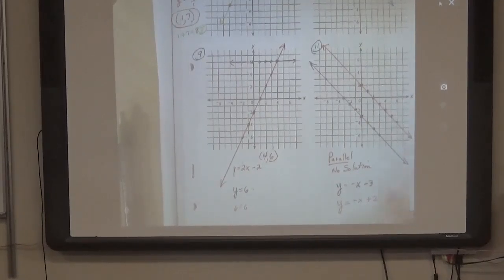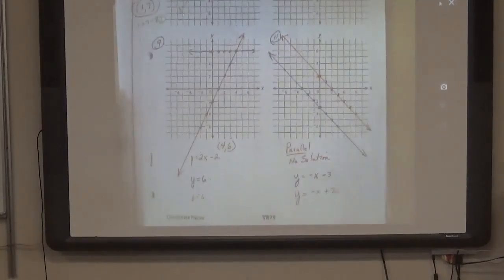Number 11. Emily, how do you graph the first one? The blue one. The equation is y equals -x minus 3. What's the y-intercept?